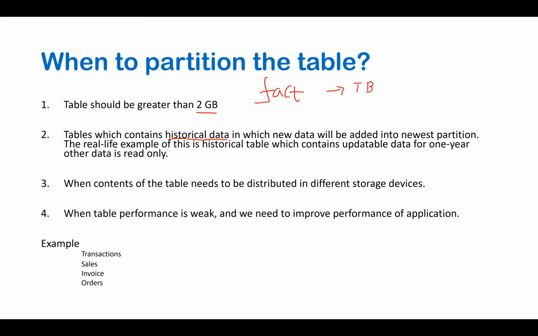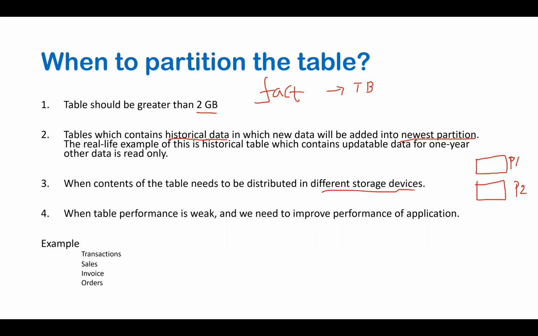So you have to add it into the new partitions. Also, when the contents of the table need to be distributed across different storage devices, partition one can be on one particular device, and partition two of the same table can be on a different device.